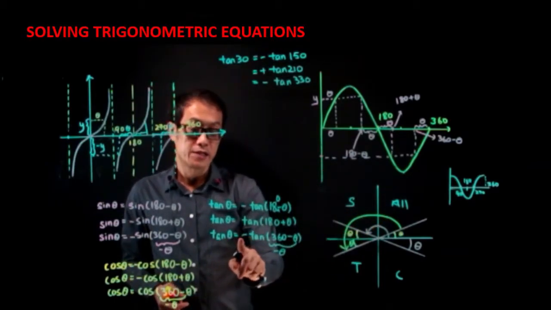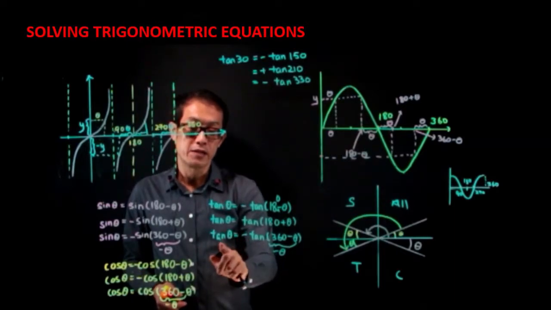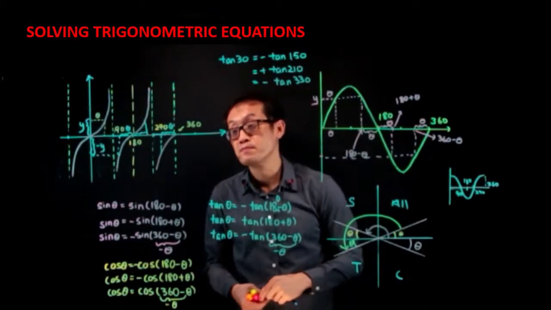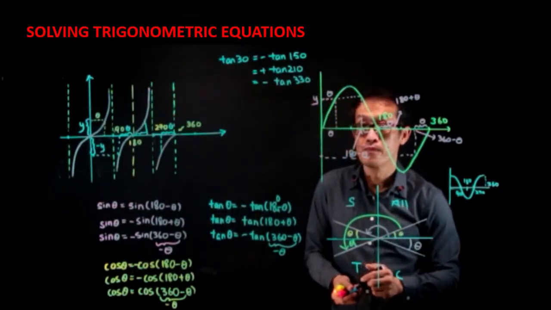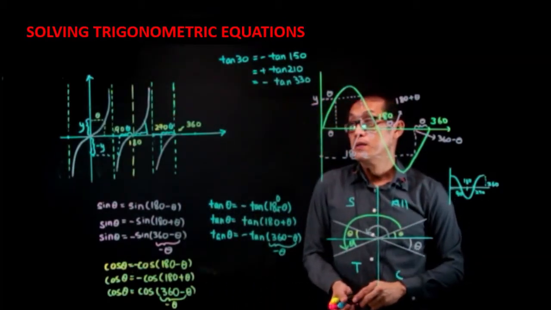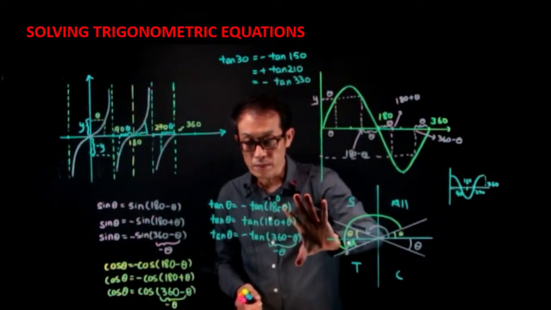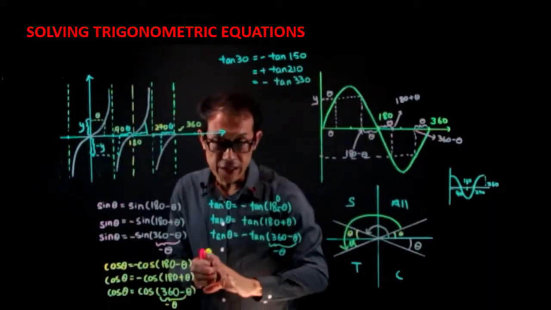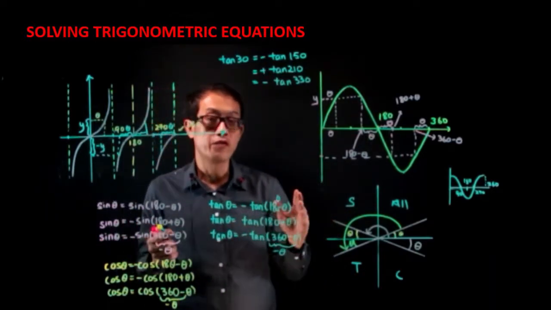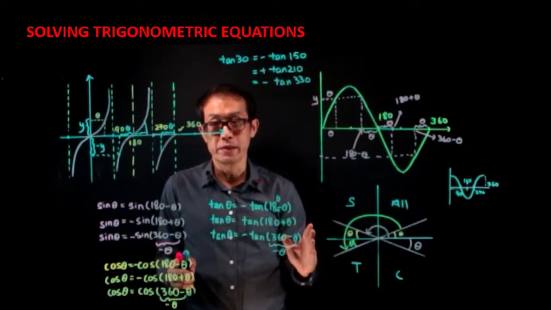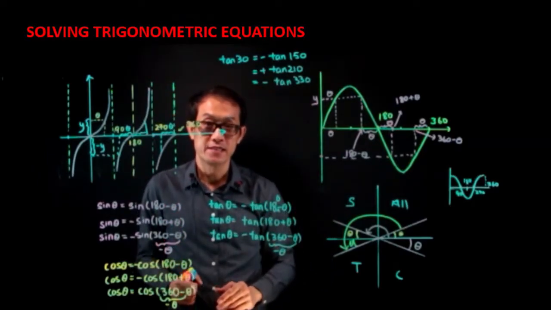So one of them has to be negative in order for them to be equal. With this knowledge, I will now move on to the proper part of how to solve trigonometric equations, because you need all these basics.